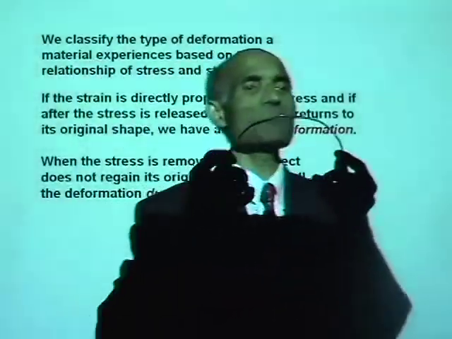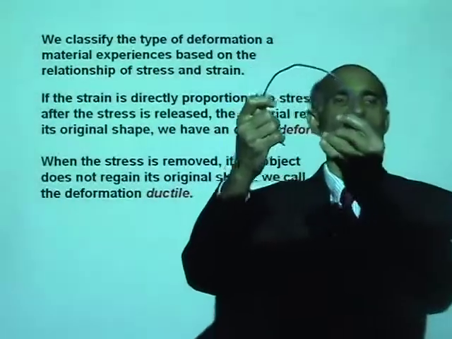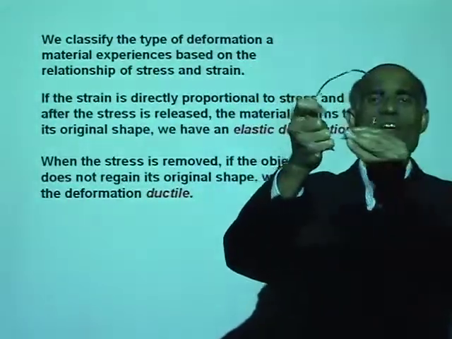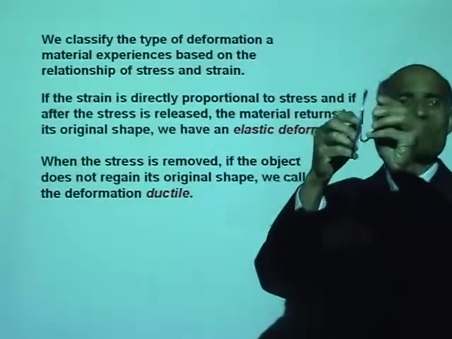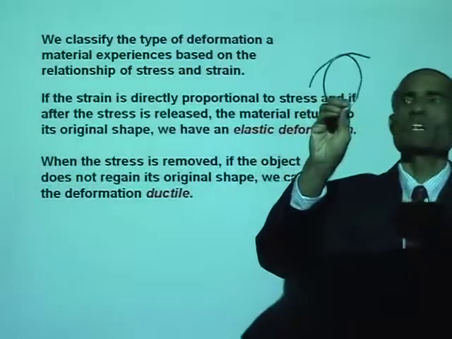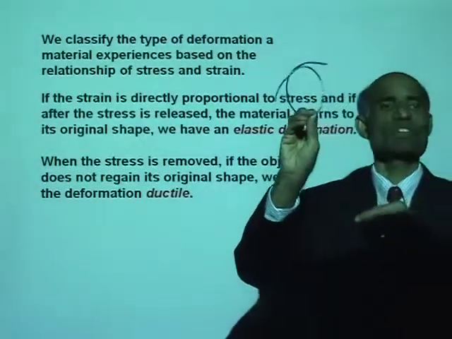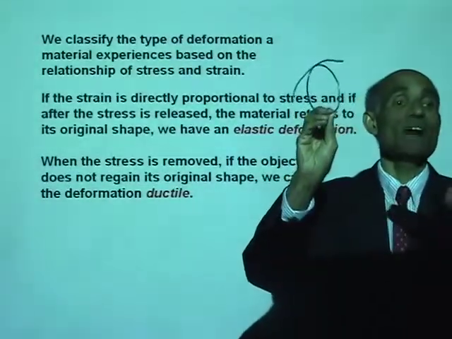Now, here I have an object. I'm going to subject this to a stress. Now, look, I'm applying a stress. Now, when I remove the stress, did the object go back to its original shape? No, it did not.